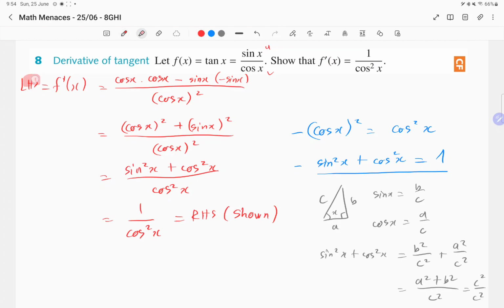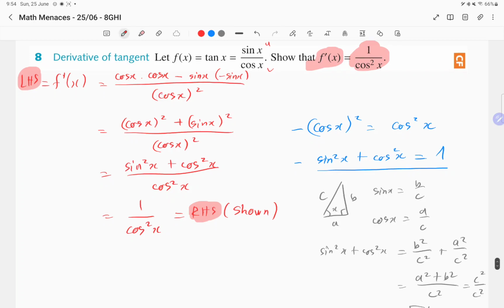The proof structure is normally left hand side equals something, and then everything, and at the end equals the right hand side. So you show the left hand side equals the right hand side, and then you can say it is shown. Just show the algebra steps in between. But that's it. You just rely on 2 concepts that you might have forgotten, and that is it for this chapter.